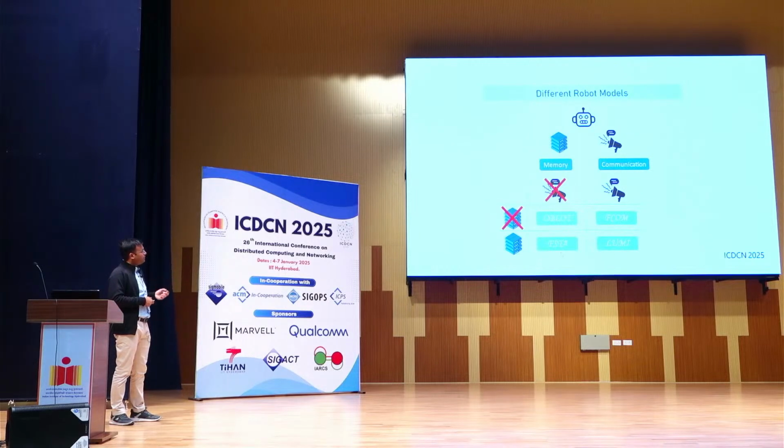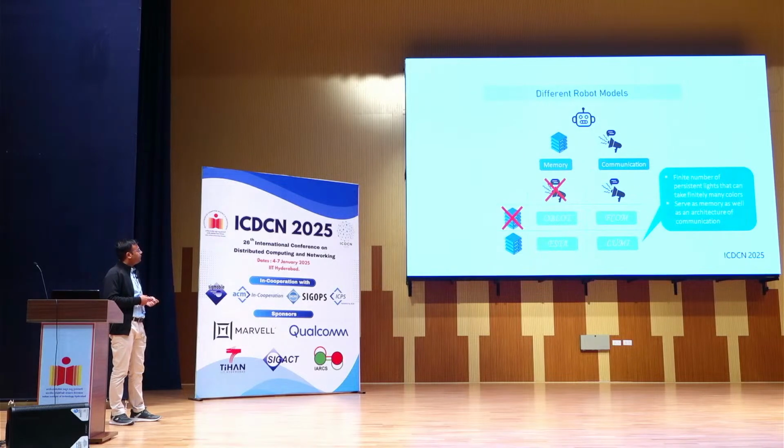If they have only finite persistent memory, then we call it FSTA model. And if they have both finite memory and finite communication ability, then we say it's the LUMI model, luminous robots. Why am I calling it luminous? Basically, these robots are imagined to have persistent lights that can take finitely many colors, and these colors serve as a memory as well as a communication architecture for them.